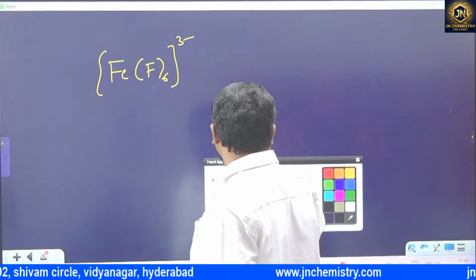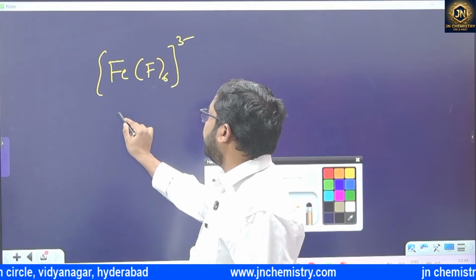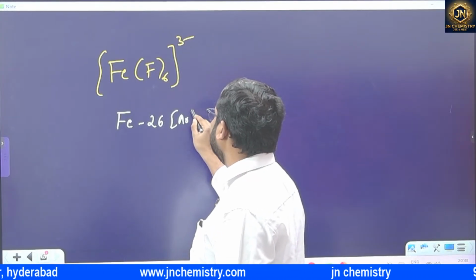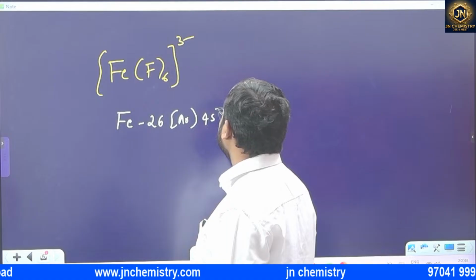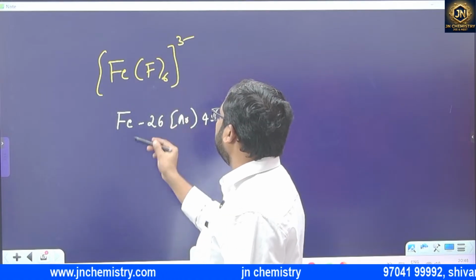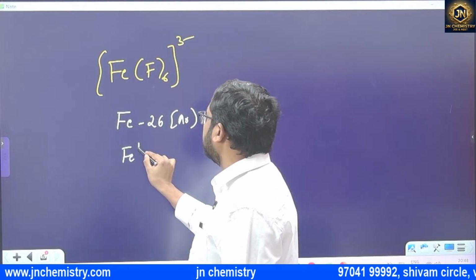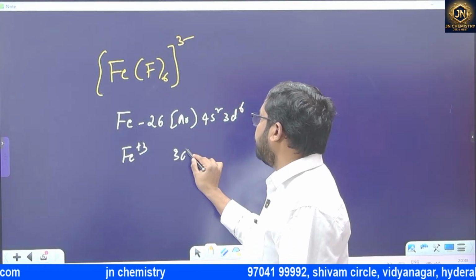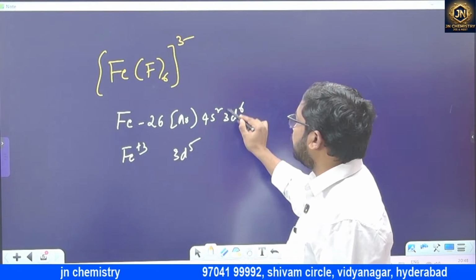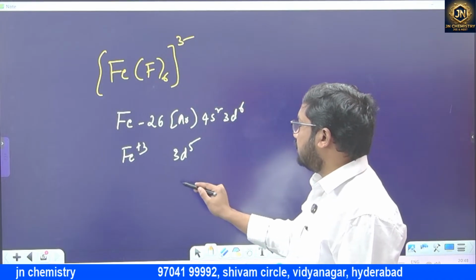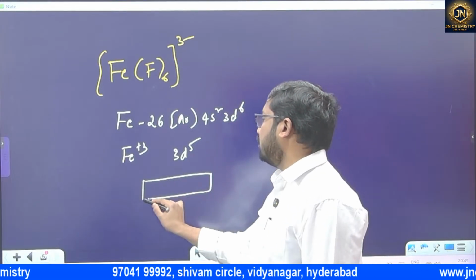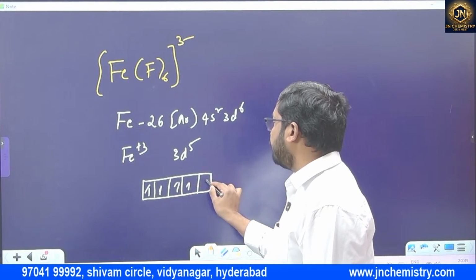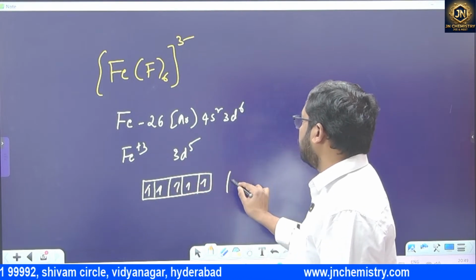Iron. What is iron? 26. Argon 4s2 3d6. Obviously plus 3, right? Plus 3 means 3d5. I'm directly writing 2 electrons from here and 1 electron from here, right? 1 2 3 4 5, 1 2 3 4 5, right?